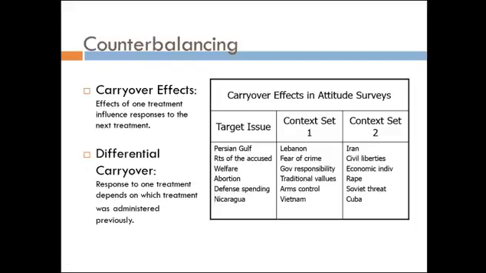What we're trying to avoid is the differential carryover, where response to one treatment depends on which treatment was administered previously. If you're trying to figure out whether your new treatment for depression works, so you have a within subjects design where your participants are going to experience Prozac for 6 weeks, cognitive behavioral therapy for 6 weeks, and aerobic exercise 30 minutes per day for 6 weeks.